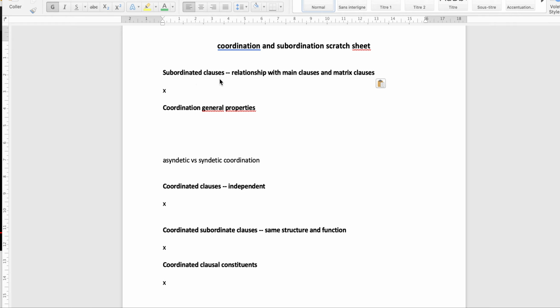So here we are. We're going to start with a reminder of what we mean when we talk about a subordinated clause, and we might as well look at things we've seen. Let's look at a sentence with a few subordinated clauses.